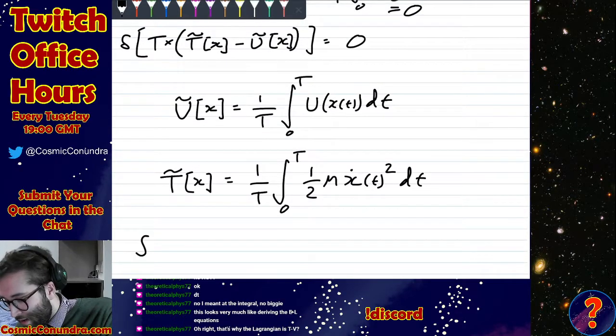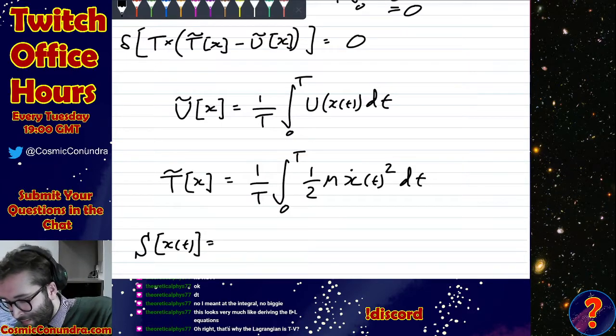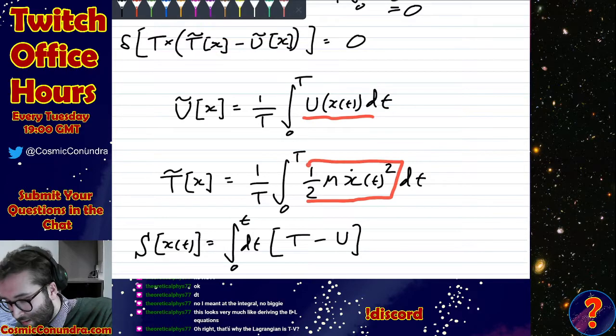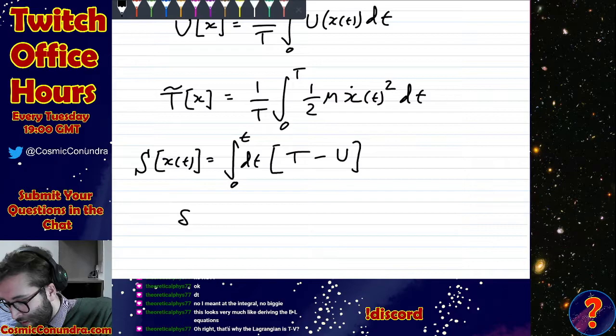So if I define this new functional, or function, I'll call it. We haven't explicitly said what a functional is, but for the case of 1D, it's simple enough just to say function, okay? We can define this thing here that is the time integral now of the kinetic energy minus the potential energy, where this is V, this is T. The time integral of this thing, the variation of it.